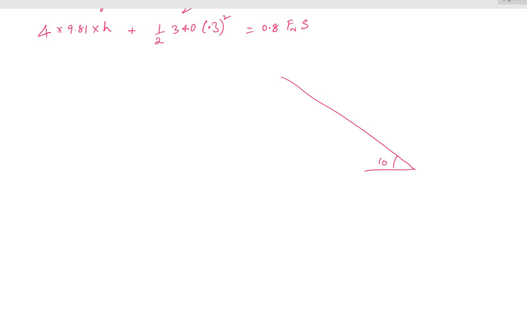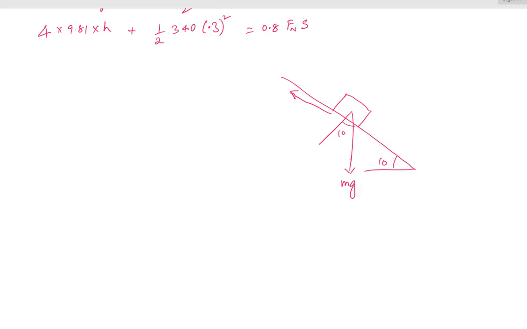Okay, so this is our block, right? It's sliding down, so the frictional force is going to be in this direction. Now we have mg acting this way, so that is 10 degrees.